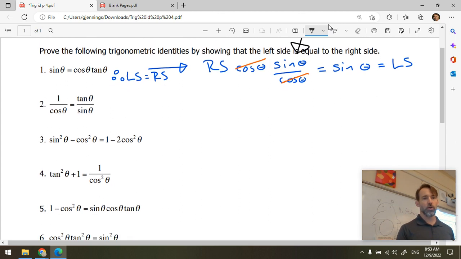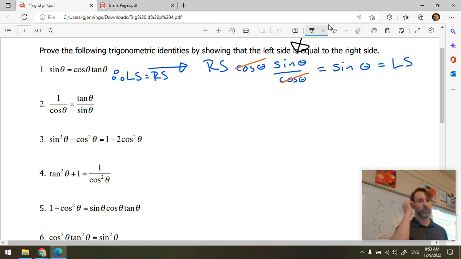Okay, next one. 1 over cosine theta is equal to tan theta over sine theta. Well, let's go ahead and we'll start on the right side again. The right side here could be written as tan theta, which is sine theta over cosine theta.